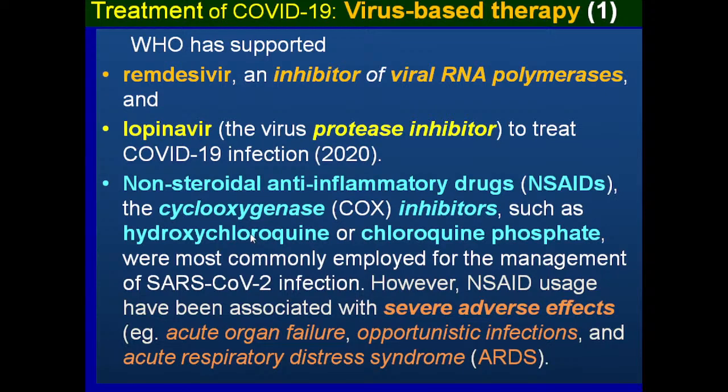The non-steroidal anti-inflammatory drugs like cyclooxygenase inhibitors, such as hydroxychloroquine or chloroquine phosphate, are recommended to be used, and they are commonly employed in the management of SARS-CoV-2 infections, my dears.